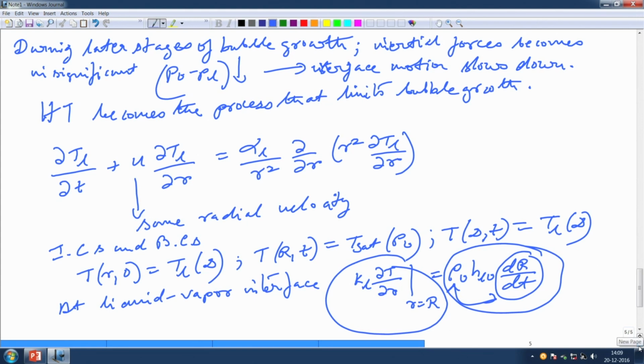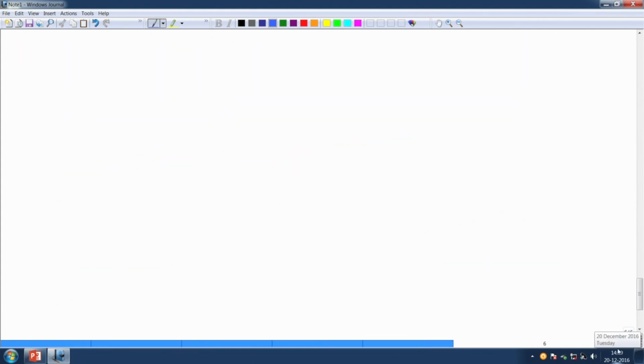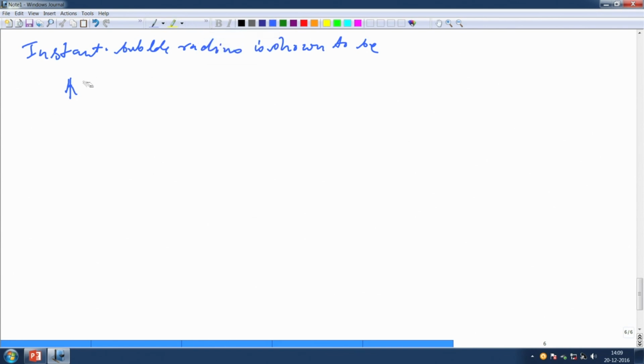Okay. So, based on these, the instantaneous bubble radius is shown to be alpha L into t, that is the instantaneous bubble radius.